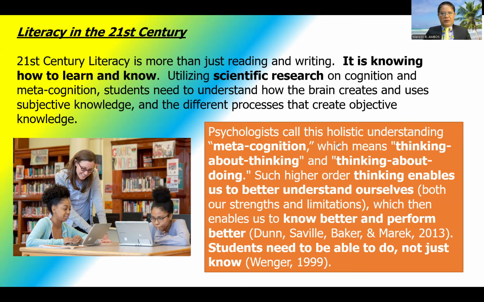Okay, and the psychologists call this holistic understanding metacognition. And the meaning is thinking about thinking and thinking about doing. Such higher order thinking enables us to better understand ourselves, both our strengths and limitations.